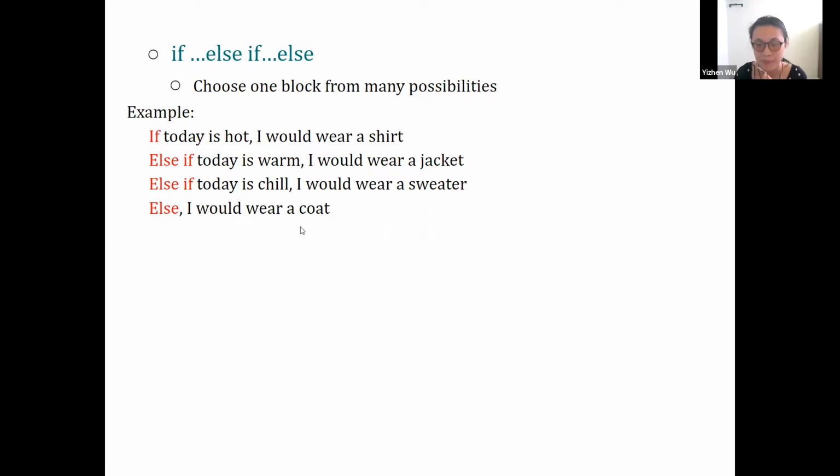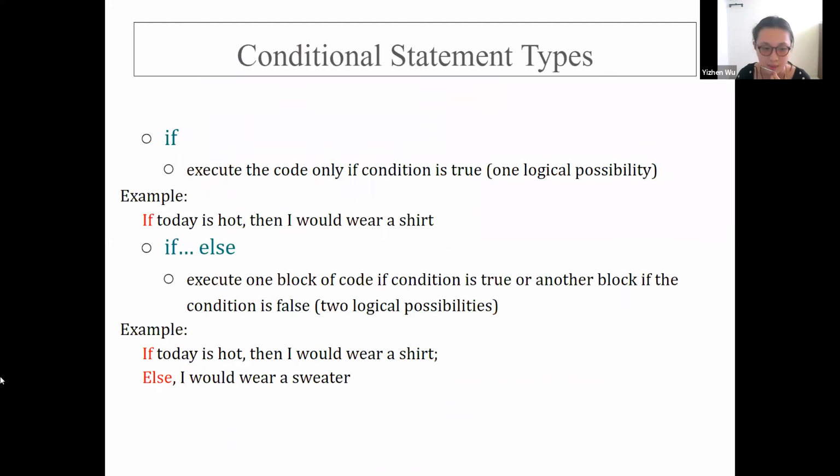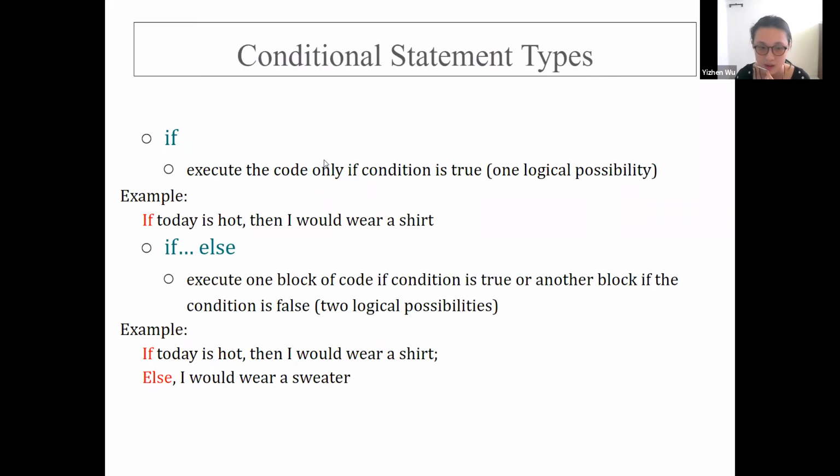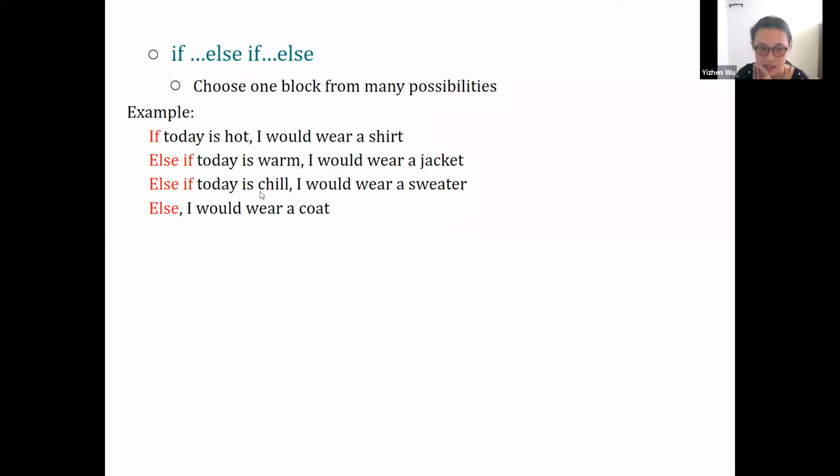So how is this different from the if-else? If I say today is warm, you could say that, oh, I'm gonna wear a jacket if we're on this page. But if we're on the if-else statement, if today's warm, I'll be wearing a sweater. For this one, if today's chill, I will wear a sweater.